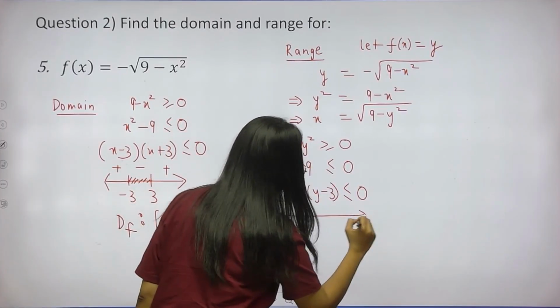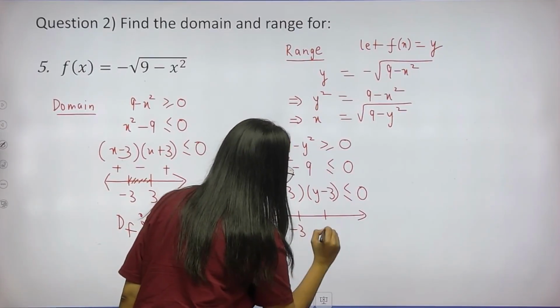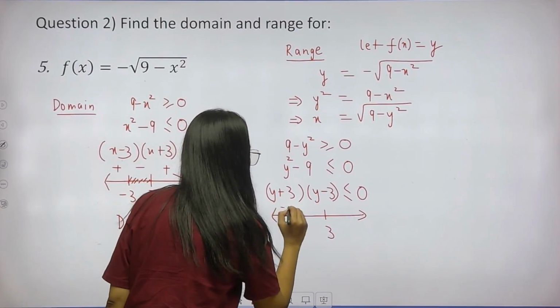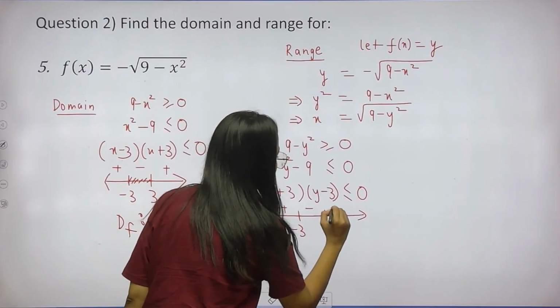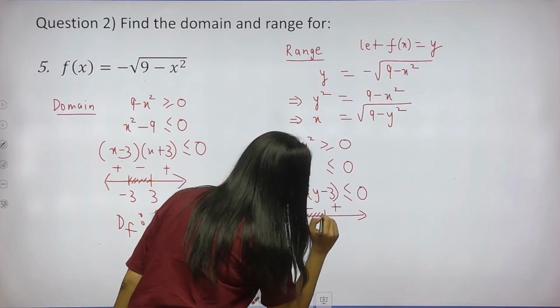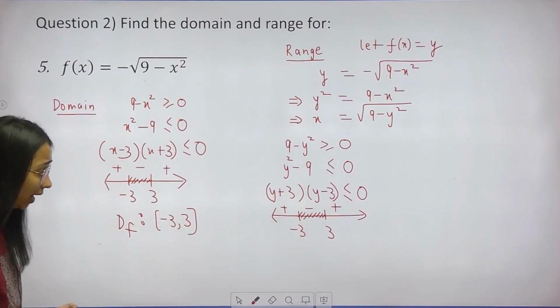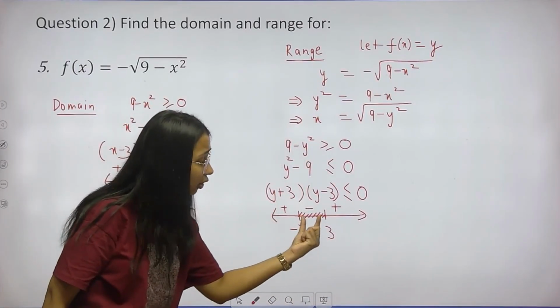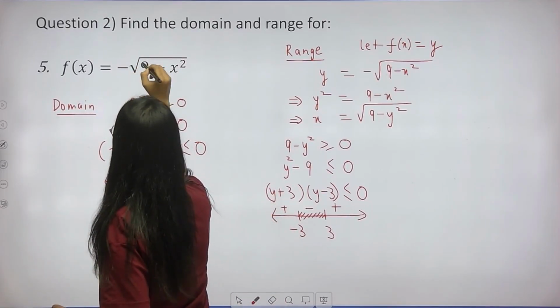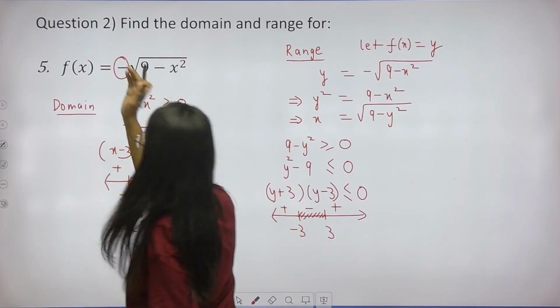Now, let's make a number line. We get minus 3 and 3, two points of concern. Here output will be positive, here output will be negative and here output will be positive. So this will be the portion. So can we write that y belongs to minus 3 to 3? No. Why? Because again here it is a negative sign outside the root.